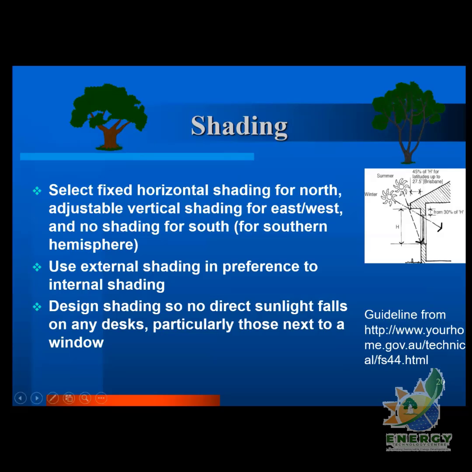It's possible that you don't want a lot of heat to be transmitted into the room at a point of the day, so shading is needed, for the north, adjustable vertical shading for example, or use external shading in preference to internal shading if it's possible to use external shading in terms of trees and things to have.